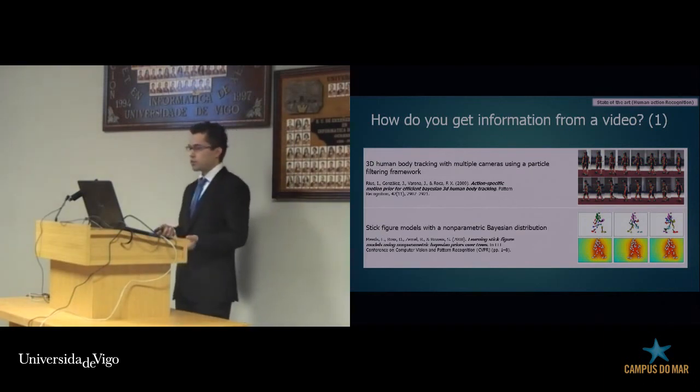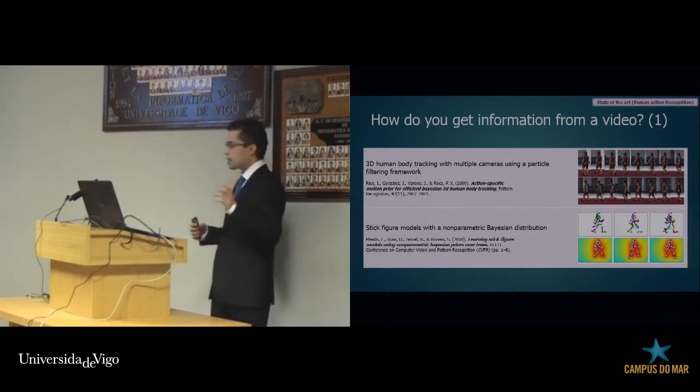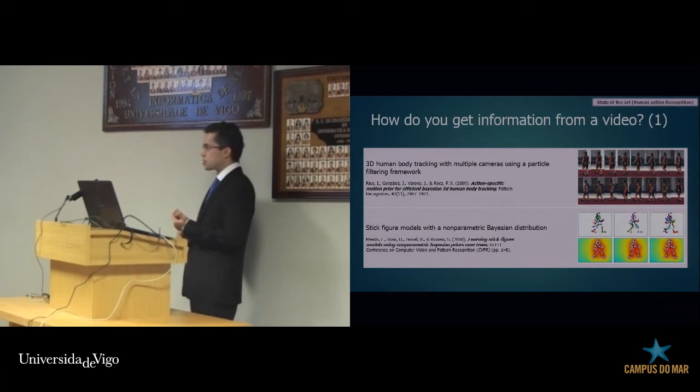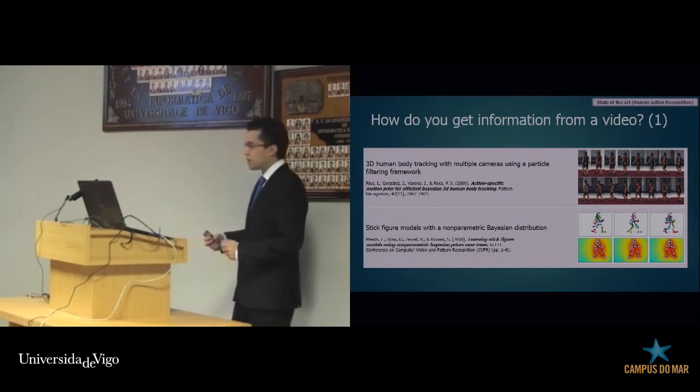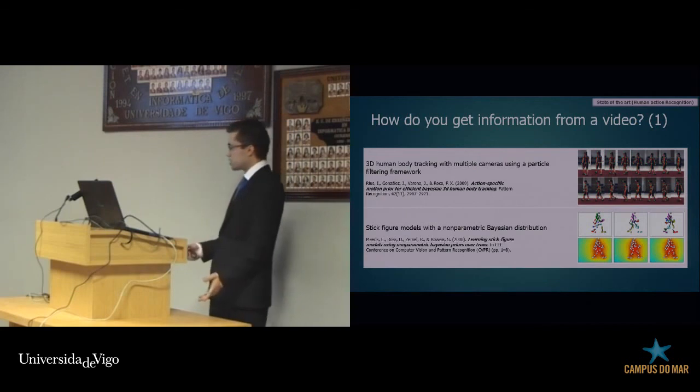What is important here is that they use multiple cameras, so you don't have only one camera, and you have a high computational cost. You are going to obtain the fine details of these movements, but sometimes you don't need everything to understand the human action that they are doing.